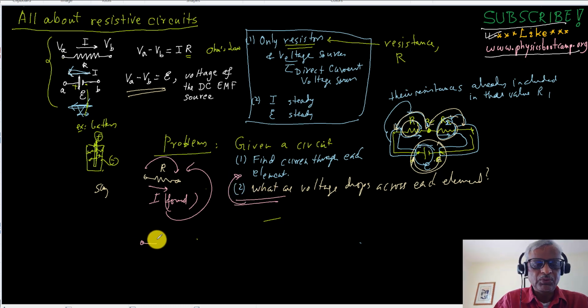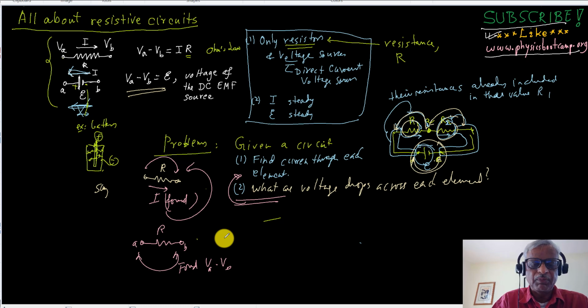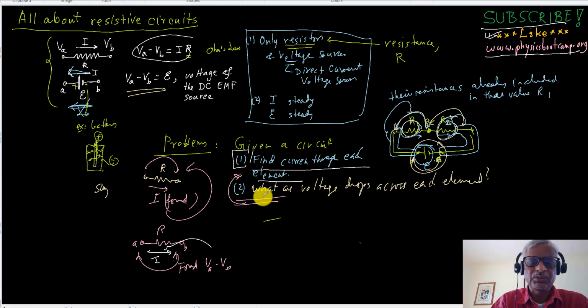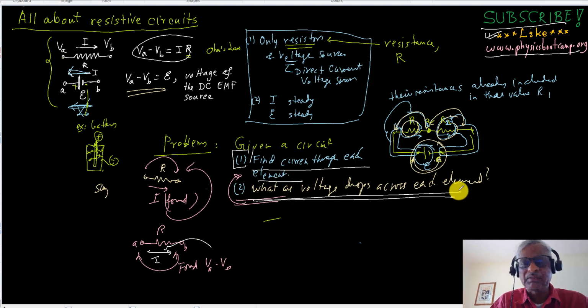Now say you don't know the current, you know the resistance, and you found VA minus VB, the drop. From this, obviously you can get the current. So finding all of this is equivalent to finding all of that, and vice versa.